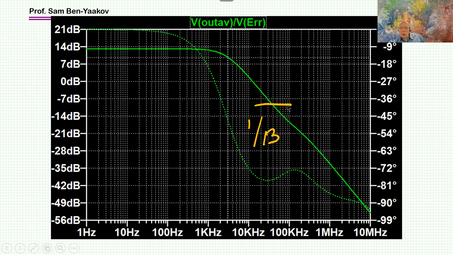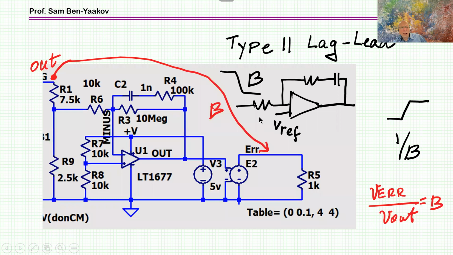So I'm going to close the loop here. And I'm going to do it by the type 2 or lag-lead compensator, which looks like that. It has this transfer function. 1 over B is like this. And I'm going to use this part here, okay, to close the loop.